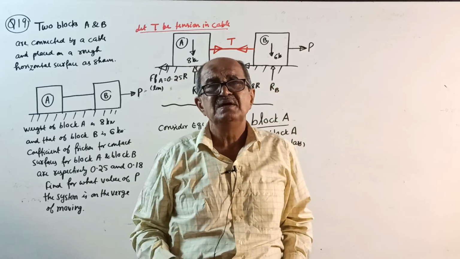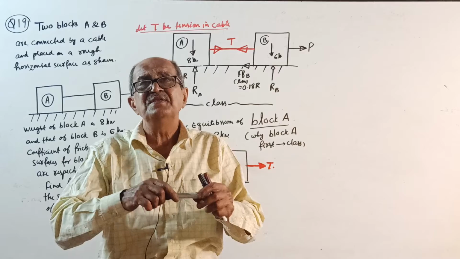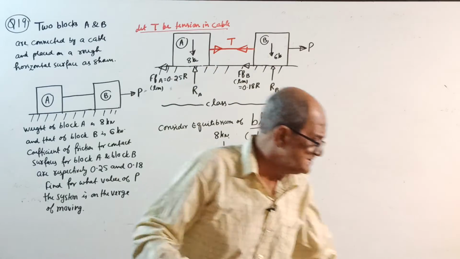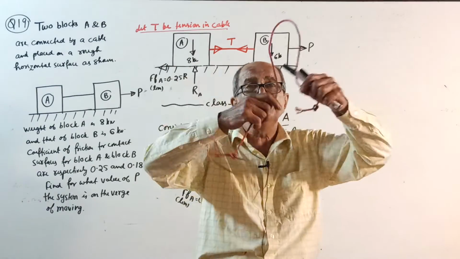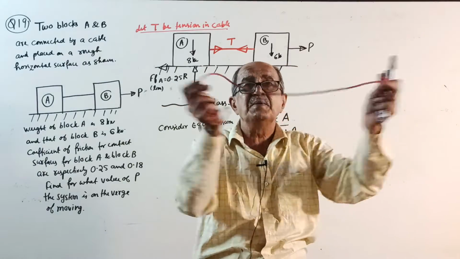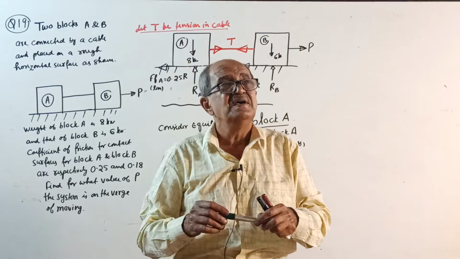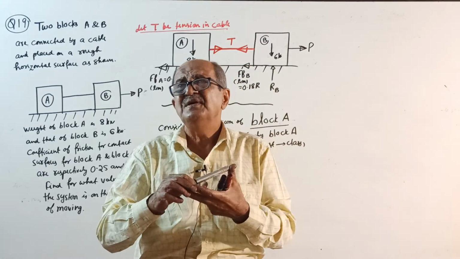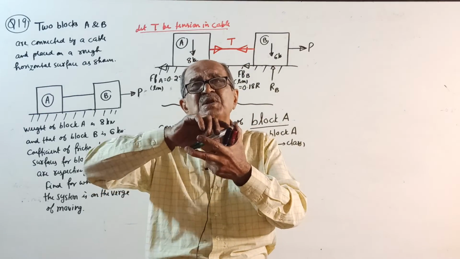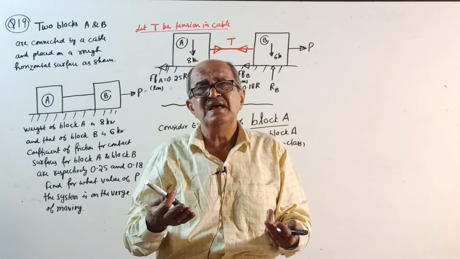Rigid means hard, it is not flexible. A cable is fully flexible. It can take only tension, not compression. But a rigid bar is a member which is not flexible, somewhat rigid. It can take tension and also compression.